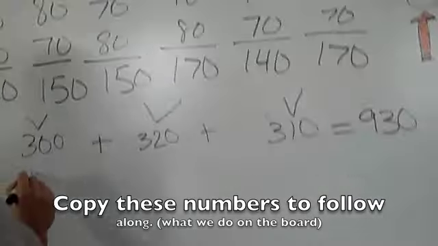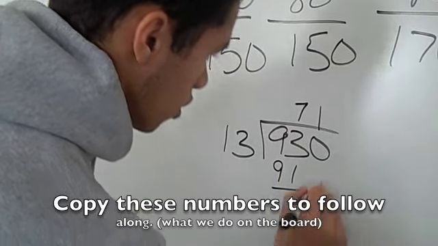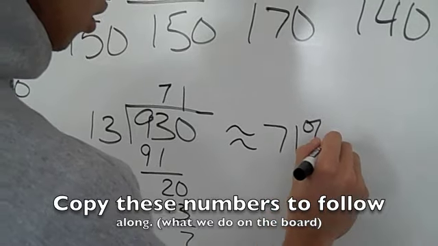There are 13 terms, so we're going to divide it by that many. So 13 kids in our class. So it's about 71. So our mean is 71, which we're going to use later in our equation for standard deviation.